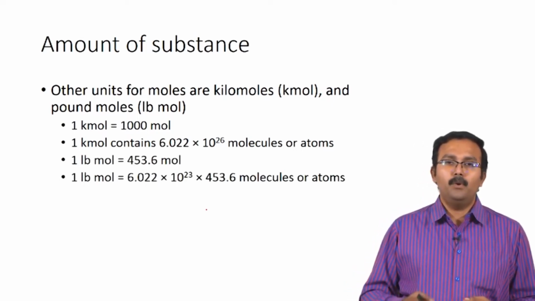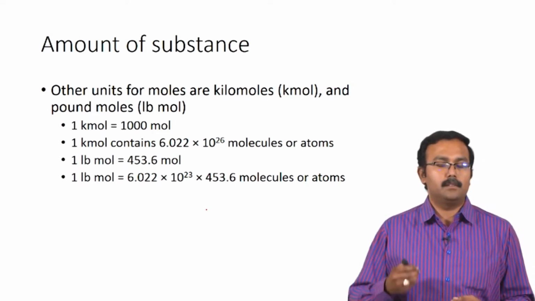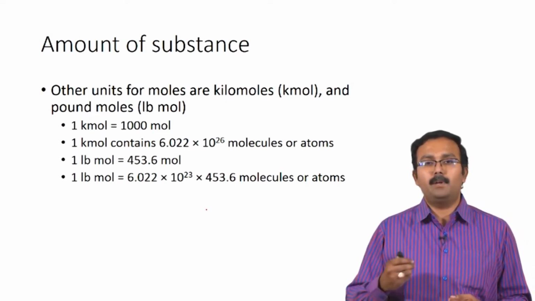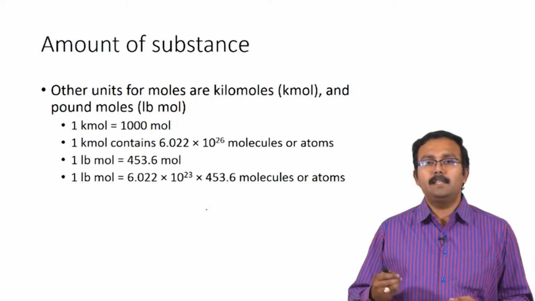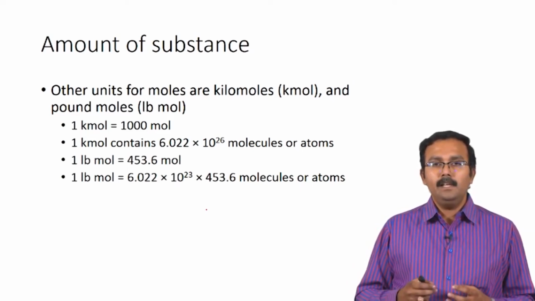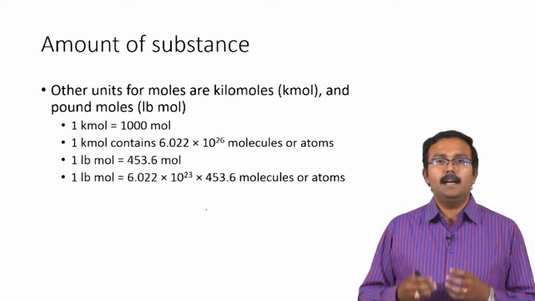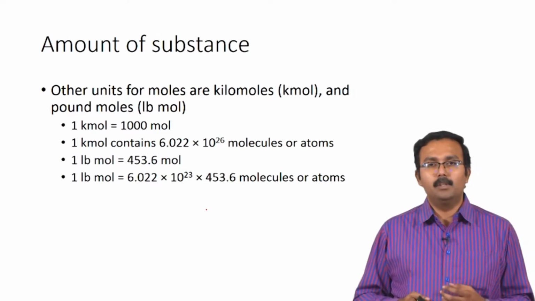Thereby, 1 pound mole would contain 6.022 times 10 power 23 times 453.6 molecules or atoms. Knowing this is crucial for understanding American engineering system and understanding the concept of pound moles.